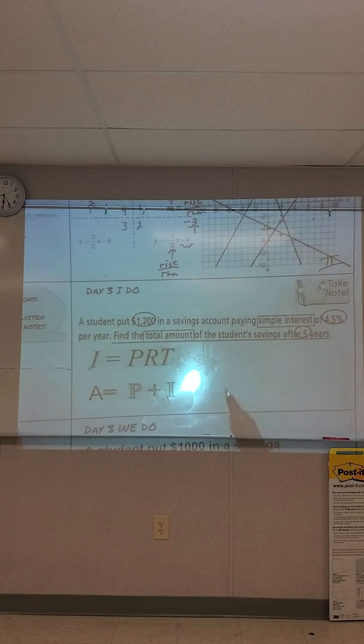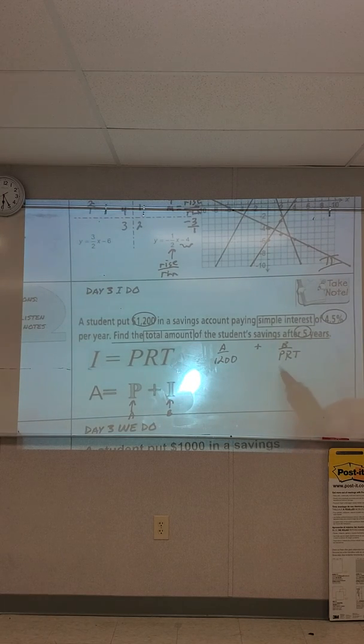So there's really two parts to it. This is part A, and this is part B. So let's look at part A. The principal, that's just $1,200. Okay, and we're going to add that to part B. Well, the interest. So we have the principal times the rate times the time.